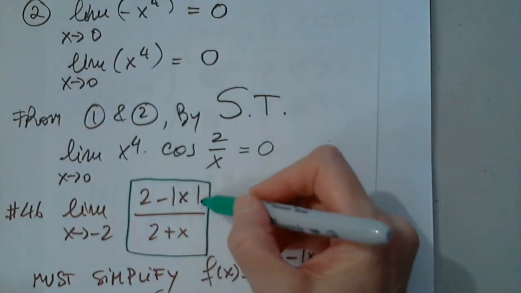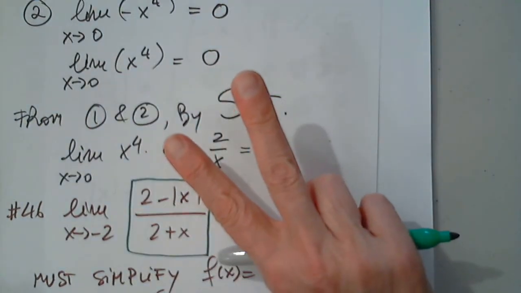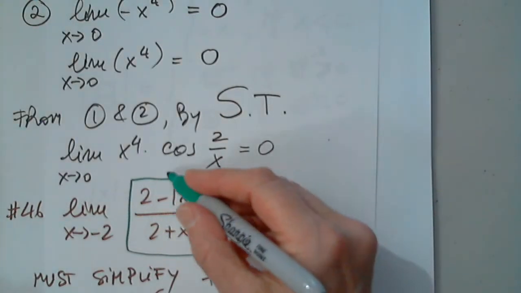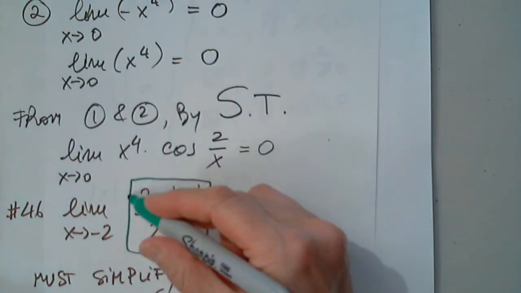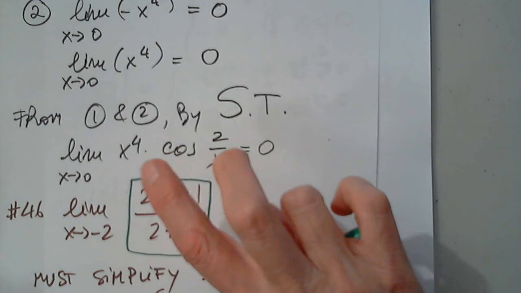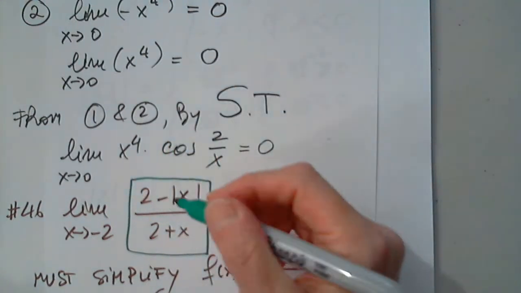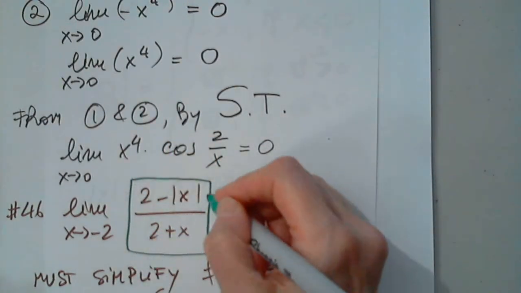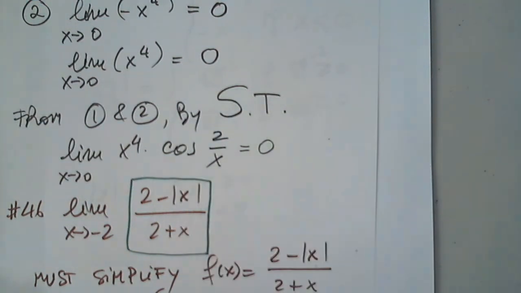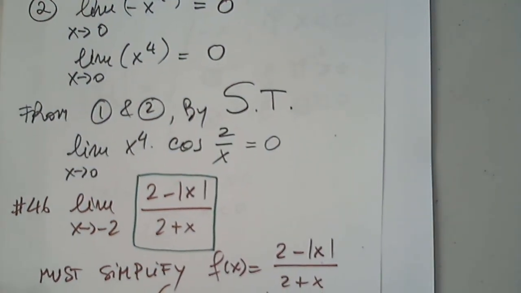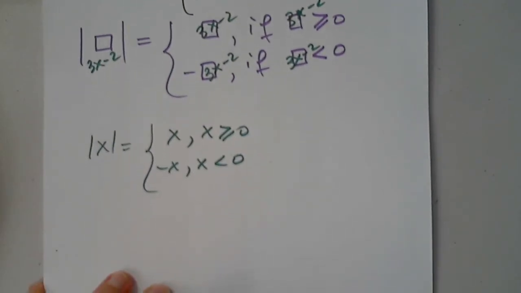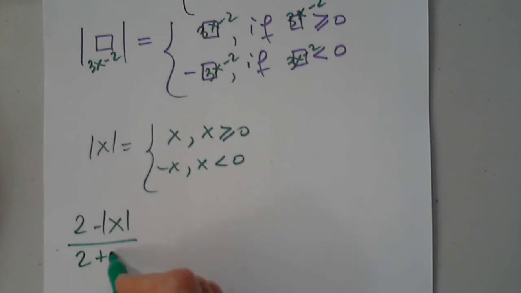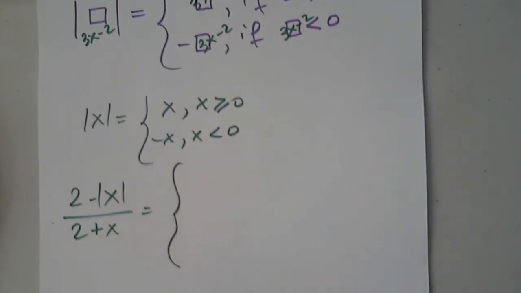If this piece has two options, how many options will the whole function have? 2. Of course. It was a silly question. Thank you for not saying it was silly. Good. So let's see what the two options are.